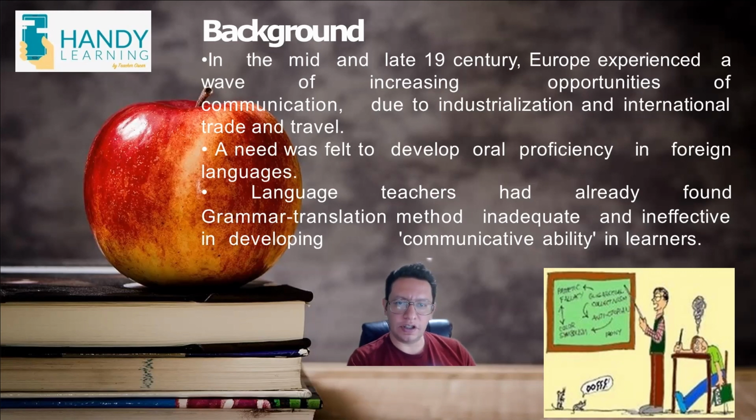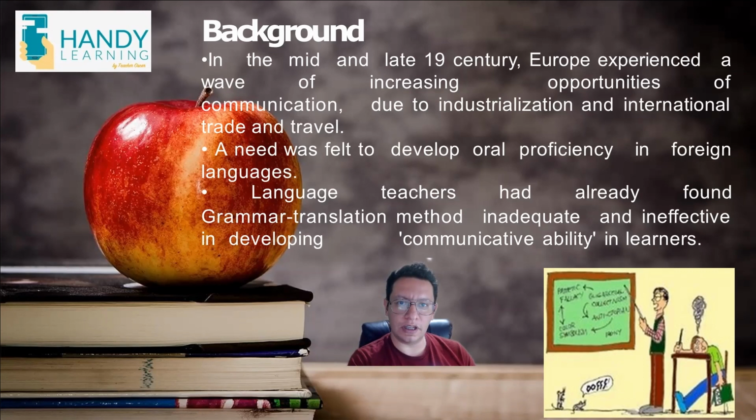Since the grammar translation did not produce people who were able to speak the language, and the audiolingual method was declined due to its lack of accuracy in reaching the objectives that it was meant for, the direct method tried to fill in those gaps, having learners exposed to the target language and therefore being able to produce the language.